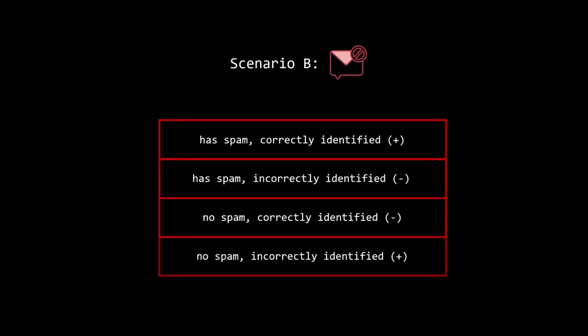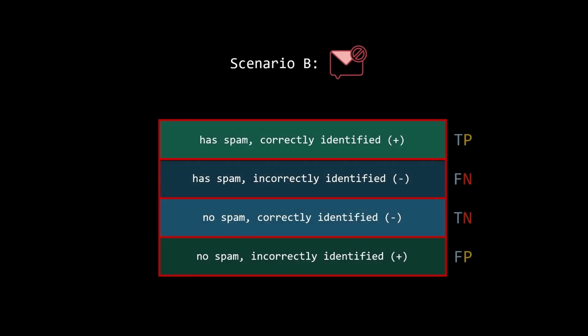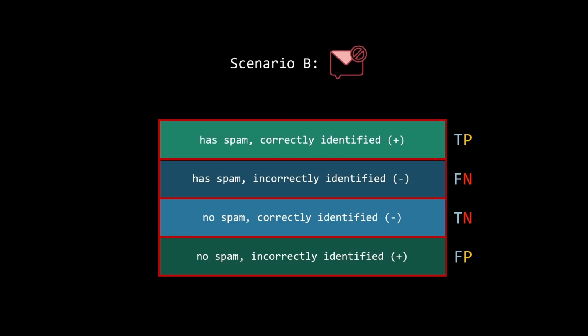Our next scenario is spam email, where now we have the following 4 cases similar to our previous scenarios, and we can similarly identify the true positive, false negative, true negative, and false positive. Now in this scenario, for the true positive and the false positive, the spam blocker will pick up as spam here correctly, but incorrectly pick up as spam here.